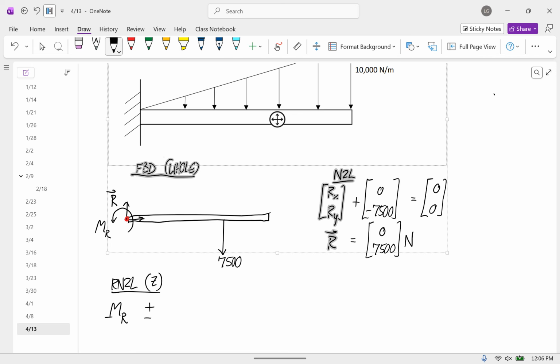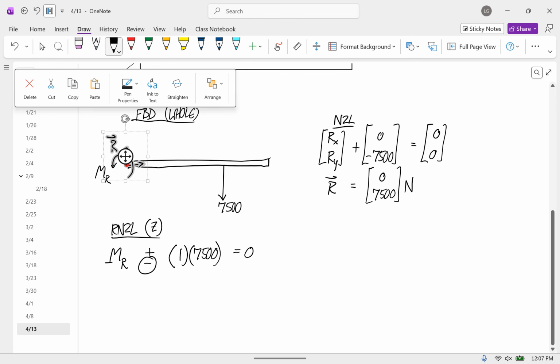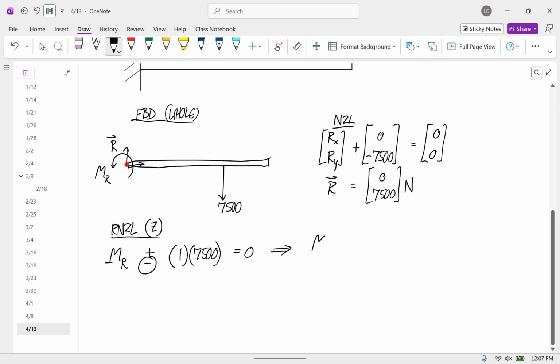So that's a moment arm of 1, a force of 7,500. Would that make it rotate clockwise or counterclockwise around the about point? Clockwise, so we want the negative. And so that reaction couple is equal to positive 7,500.